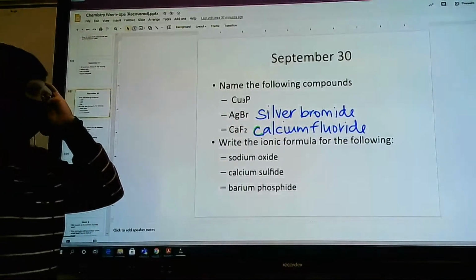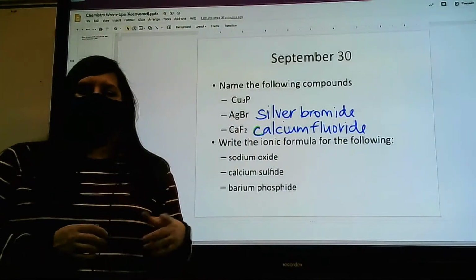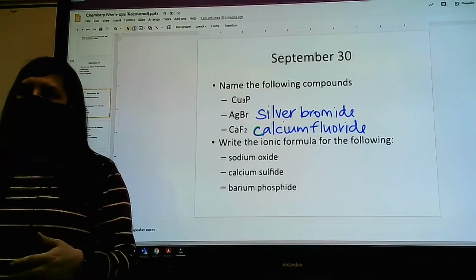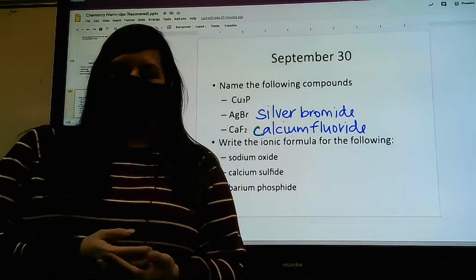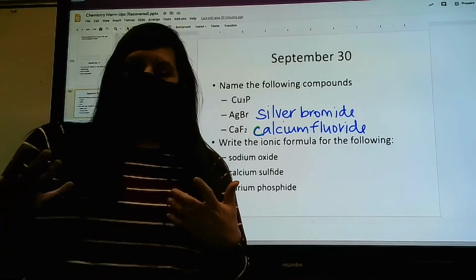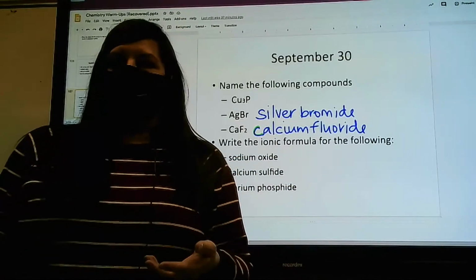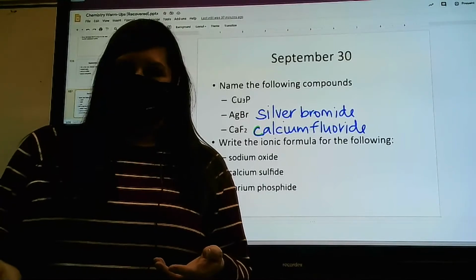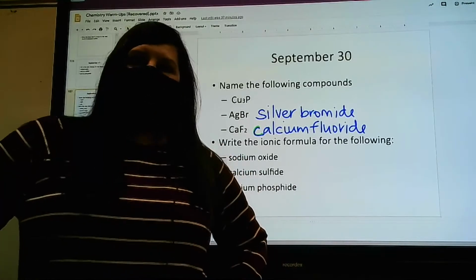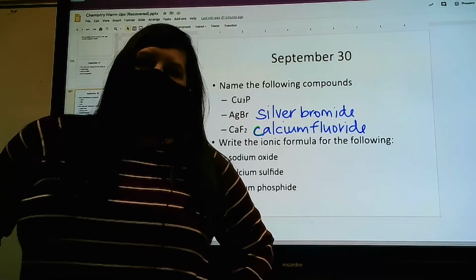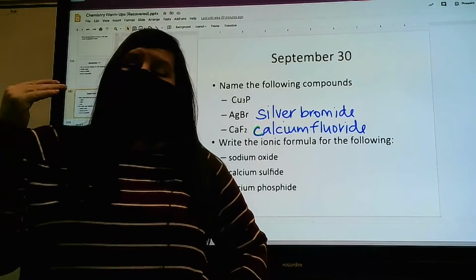All right. The first example is the hardest one in this group because copper is a transition metal, so we need to look at the periodic table to see which charges it could be. Copper, look at number 29. Do you see how that box is divided and it has two different charges?